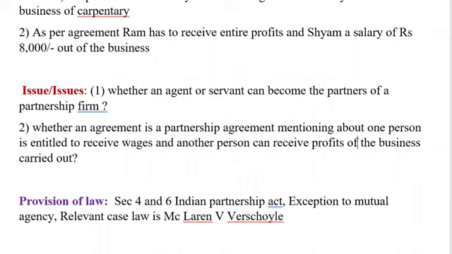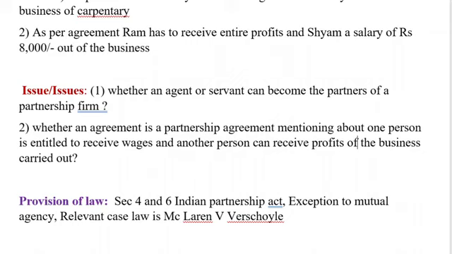Here the relevant case law is McLaren versus Verschoyle. The facts are more or less one and the same, but here one of the servants is going to share the profits. Here there is no sham.